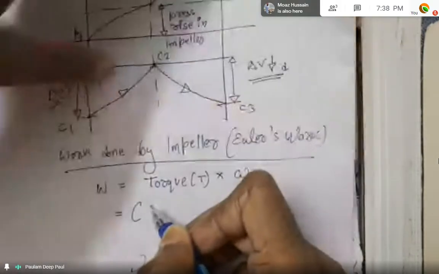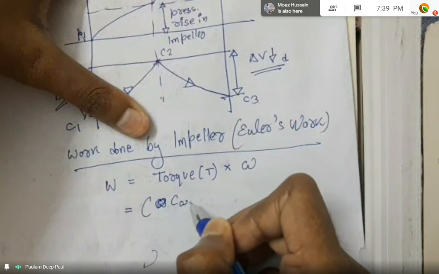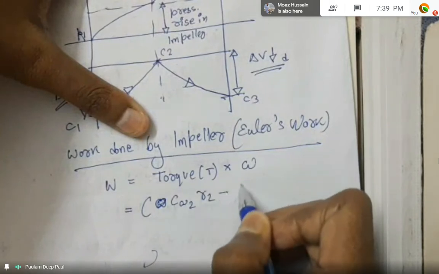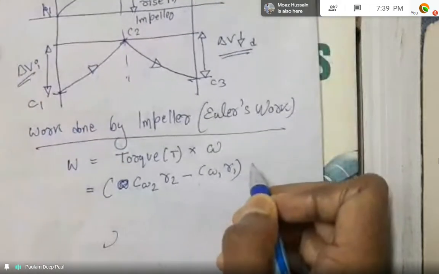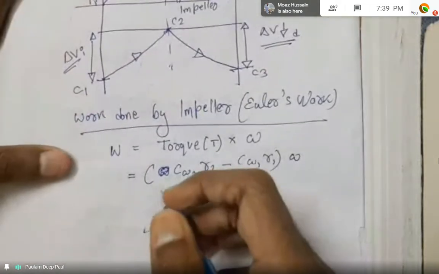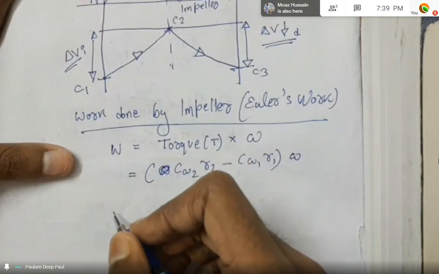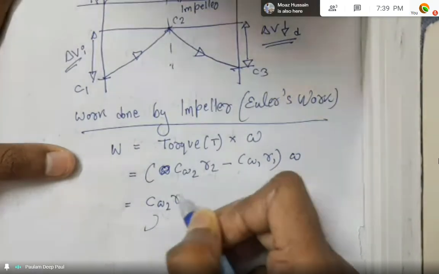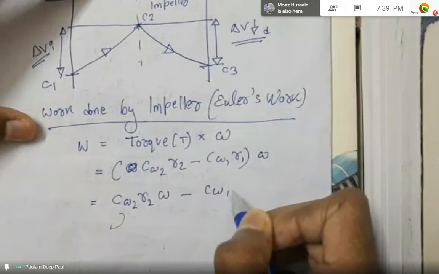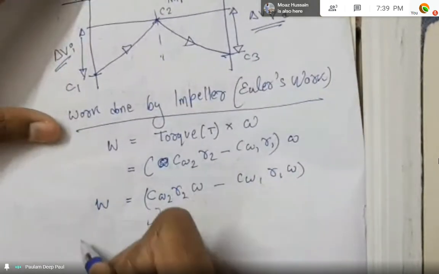So we can write here CW2 R2 minus CW1 R1, multiplied by omega, that is the angular velocity of the blades. Now, if we simply input this, CW1 R1 omega, that is the work done.